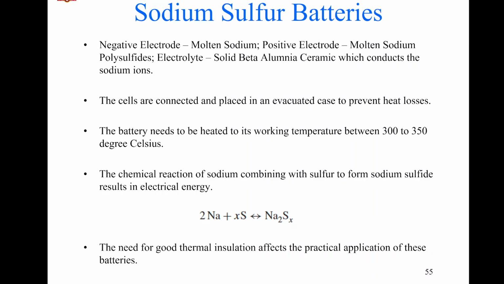The cells are connected and placed in an evacuated case to prevent heat loss. The battery needs to be heated to its working temperature between 300 to 350 degrees Celsius. And the chemical reaction is shown as follows.